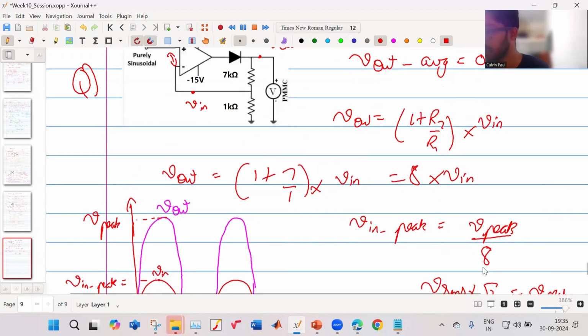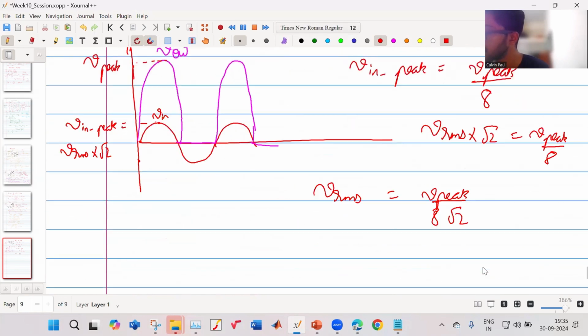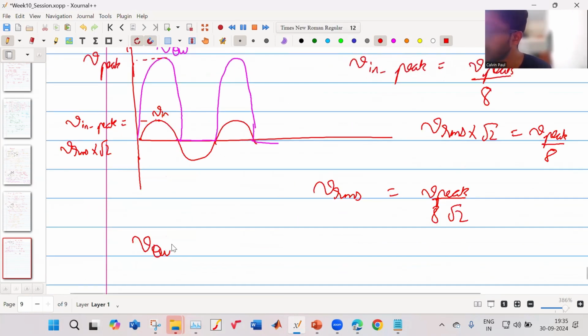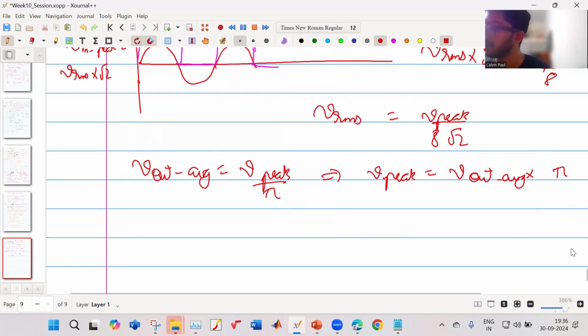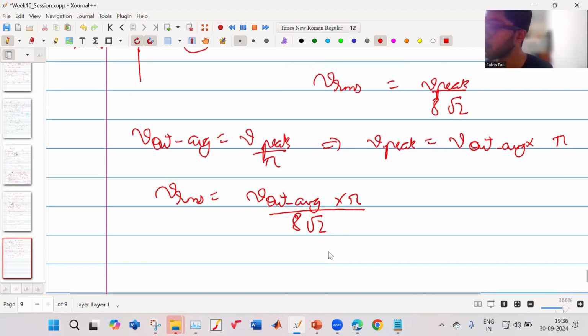Now what is your V peak? Your V output average is equal to V peak upon pi. This implies your V peak is equal to V output average into pi. Your V RMS is equal to V output average into pi upon 8 root 2.